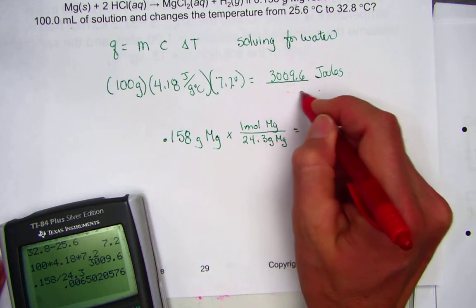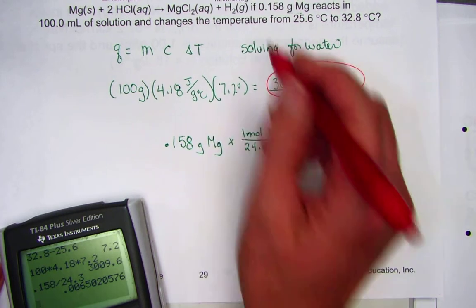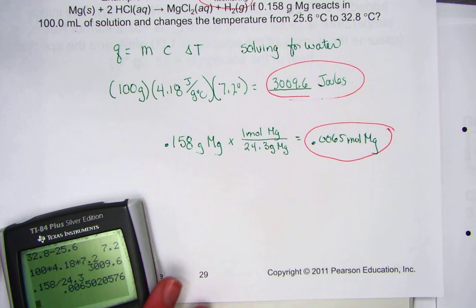Now, friends, look what we have. We have joules of heat, and we have moles of magnesium. We're being asked to solve for the heat of the reaction, which is joules per mole.